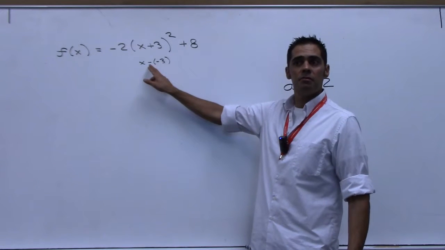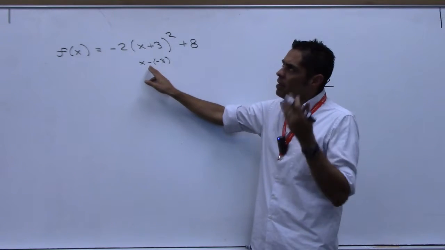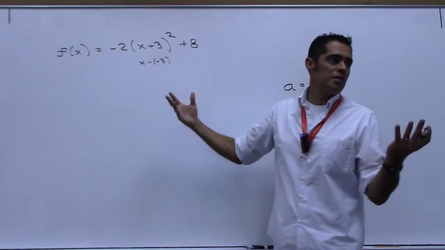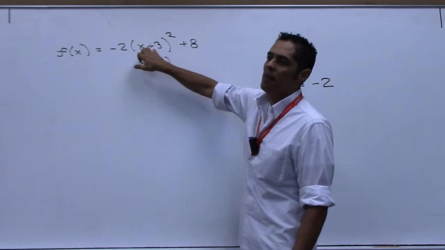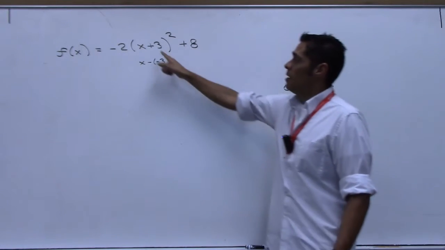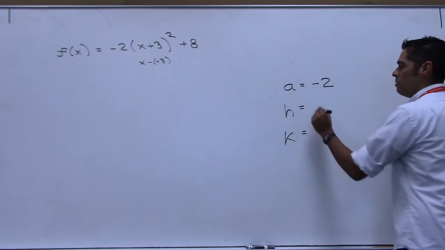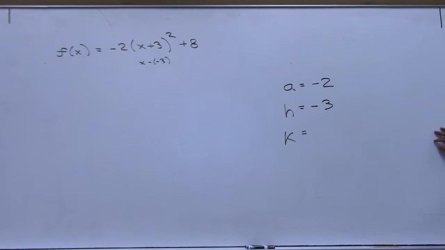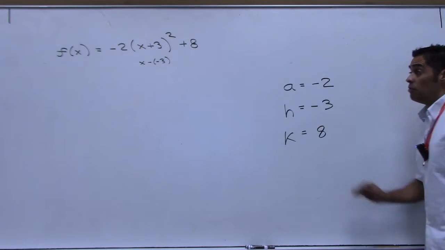So you could say, oh, that's x minus -3, so h is -3. Or you could just say, anytime I see this, I take the opposite of the number I see. If it's plus, I'm going to put a minus. If it's minus, I'm going to put a plus. So -3? Yes? What about K? K is actually what you see. So 8?